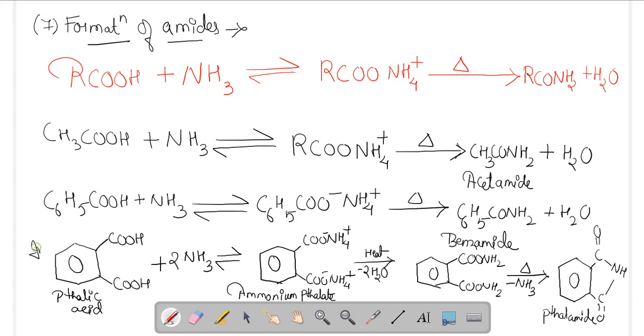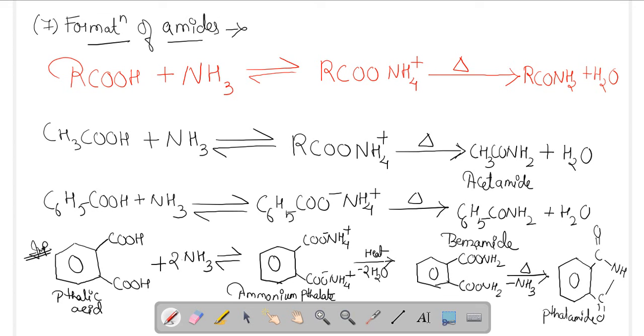Okay, so this is one of the important reactions. You can remember this reaction, that when phthalic acid is reacted with ammonia, the formation of phthalimide takes place. But here it is a three step reaction. In the first step, ammonium phthalate is formed when two molecules of ammonia react with phthalic acid.